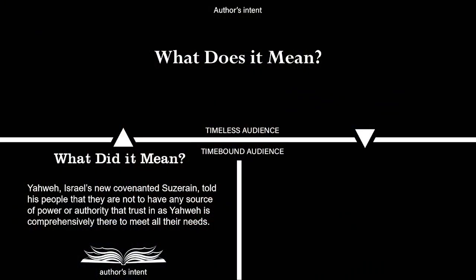It's very, very important for this covenant that is being made, called the Mosaic covenant. This is the first statement of this treaty that has been made between Israel and Yahweh. So, God, Yahweh, Israel's new covenant Caesarean, told his people that they are not to have any source or power of authority. Notice what I did there.